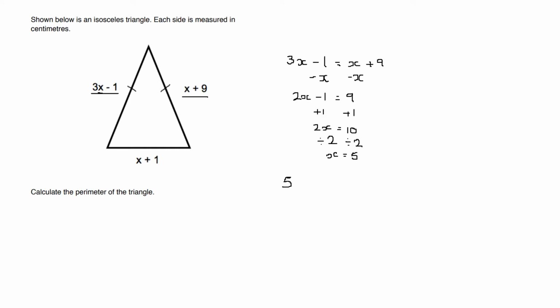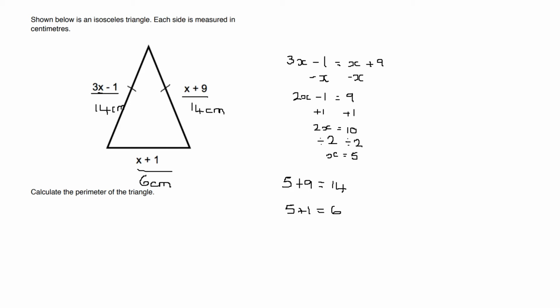So 5 plus 9 is equal to 14. So this side will be 14 centimetres and this side will also be 14 centimetres. And then I can work out this side here at the bottom. So x is 5, 5 plus 1 is equal to 6. So this side is 6 centimetres.